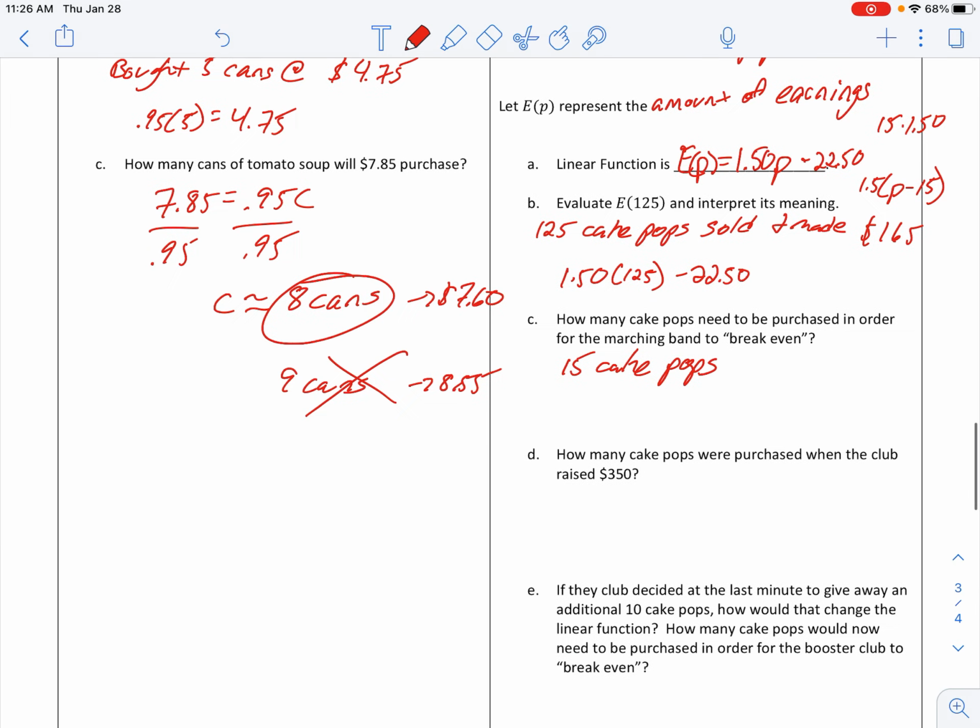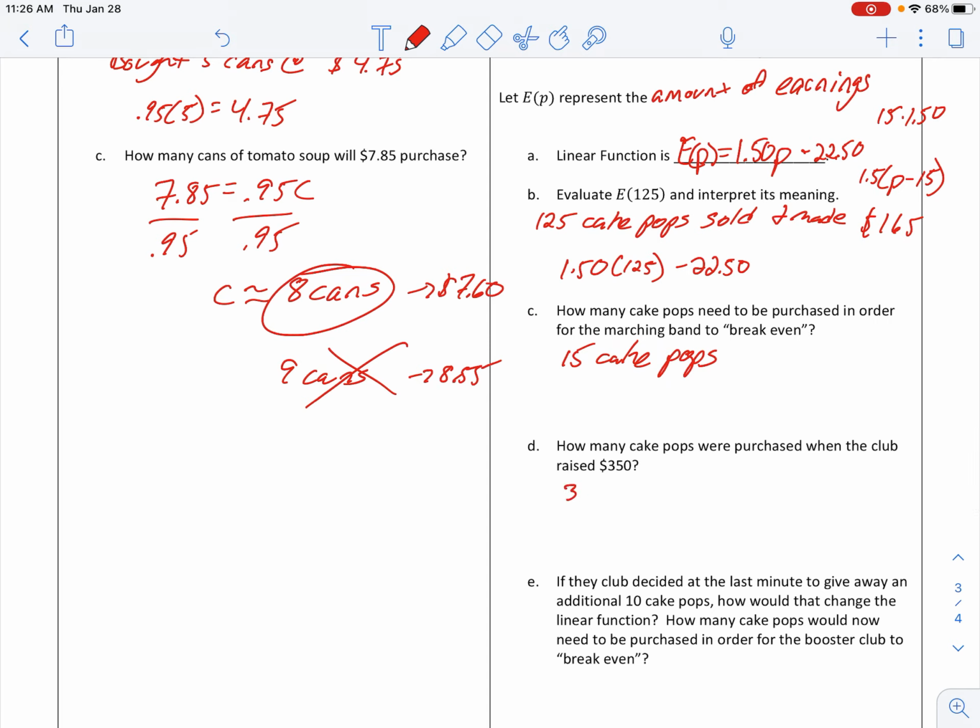How many cake pops were purchased when the club raised $350? So that's what we're going to set that equal to, and then use our skills we've been doing to solve for the variable P. I'm going to add over that 22.5. 350 plus 22.5 is 372.5, and we're going to divide it by 1.5. 372.5 divided by 1.5.